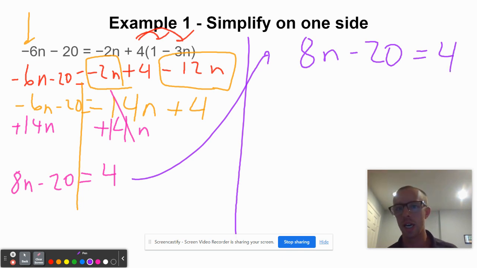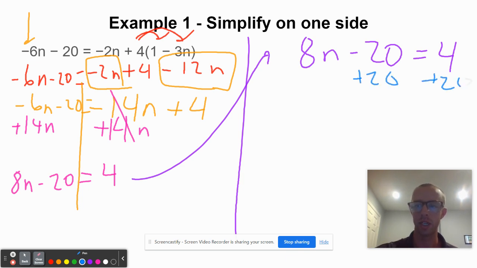So now it's just, can I solve a two-step equation? The answer is definitely yes. I know I need to get rid of the constant on the variable side first. The constant is a minus 20. So I add 20 to both sides. Those cancel. I get 8n equals 4 plus 20, 24.